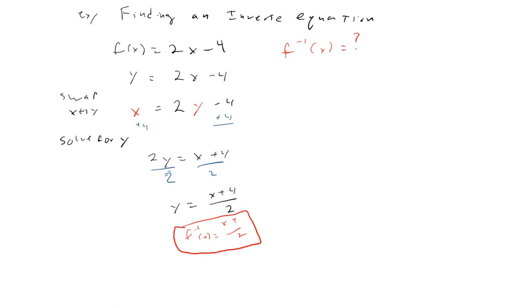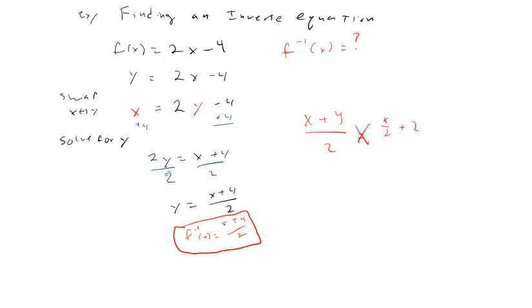Pretty easy. You mean the 4 divided by 2? Well, no, because this is x plus 4 together, right? If I said x plus 4 over 2, and I made it equal to x over 2 plus 2, this is not the same.